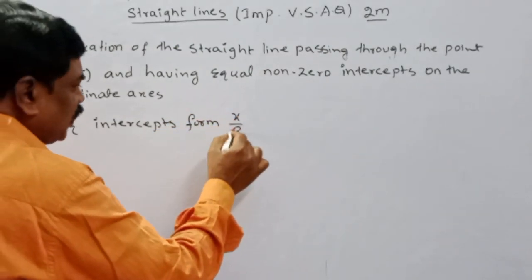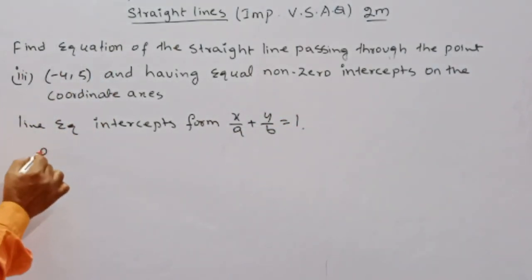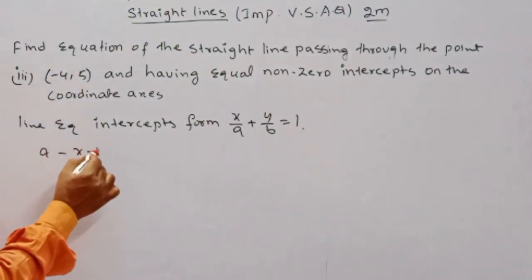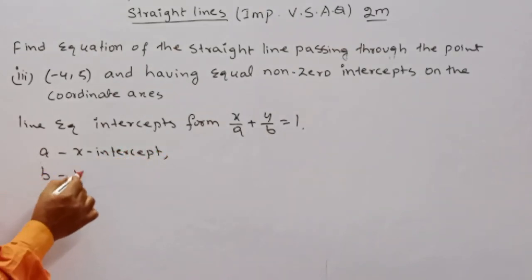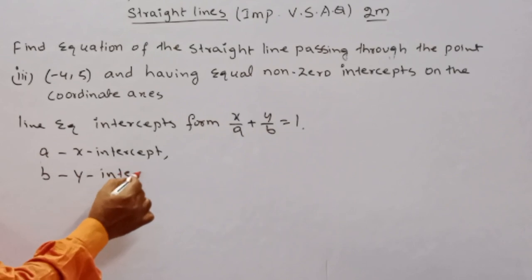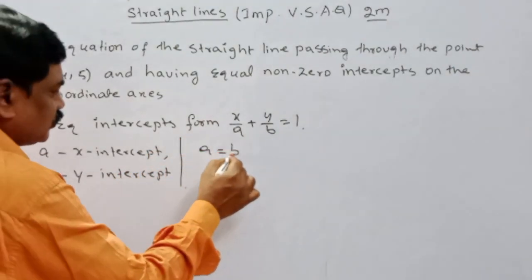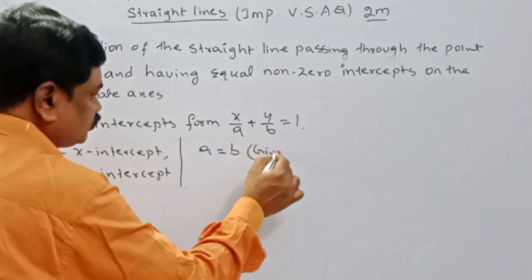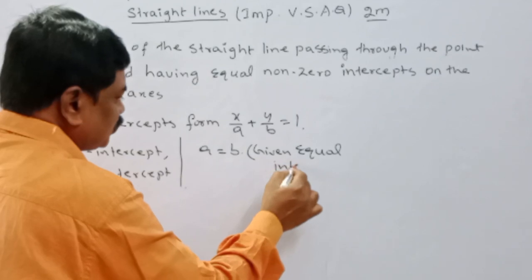The equation is x by a plus y by b is equal to 1, where a is the x-intercept and b is the y-intercept. But a is equal to b, given equal intercepts.